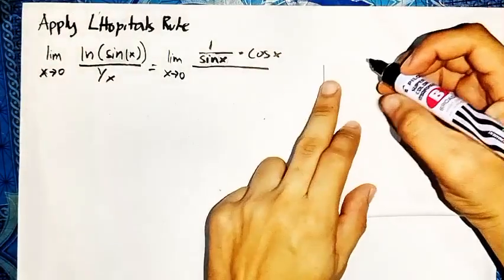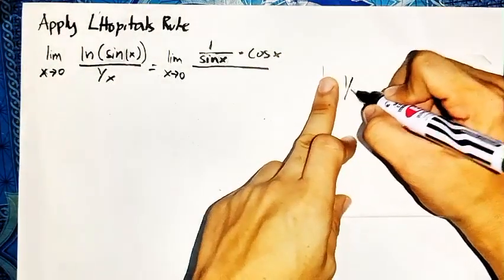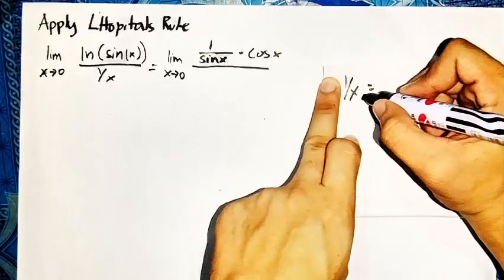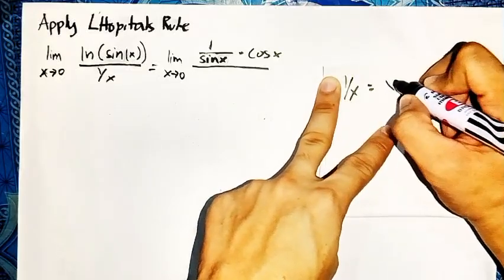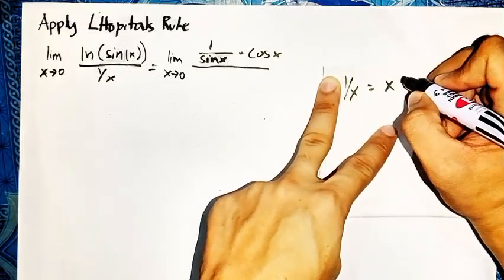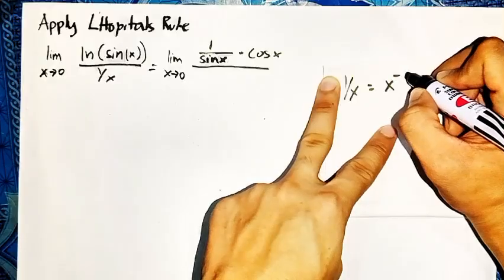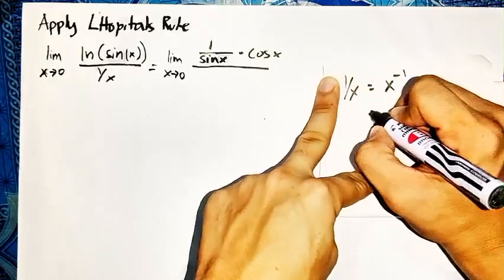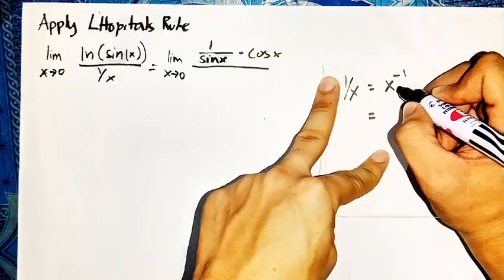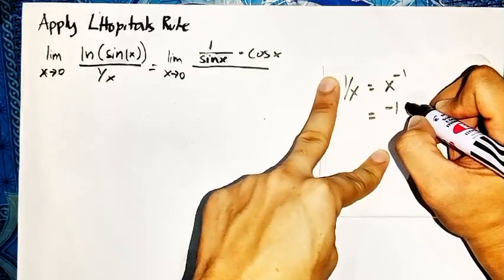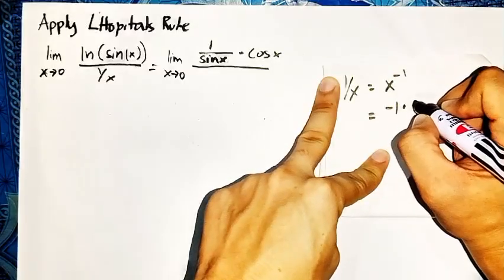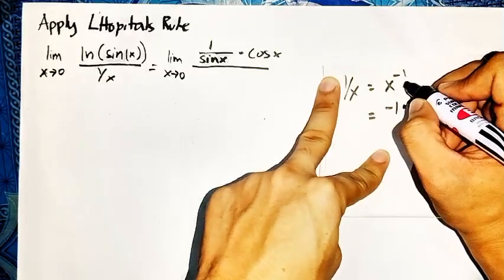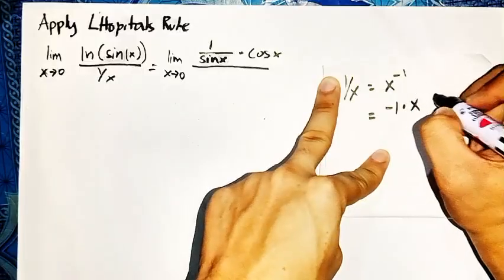Let's rewrite it: this is the same as x to the power of negative 1. So the derivative of it, using the power rule, is negative 1 times x to the power of negative 1 minus 1, which is negative 2.